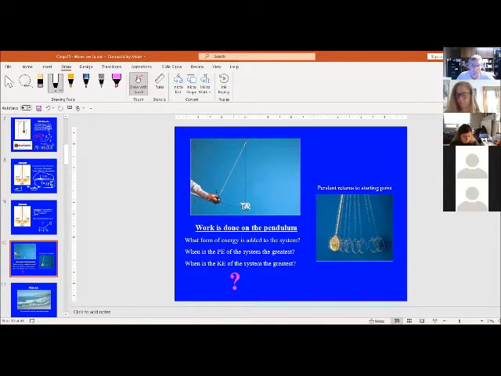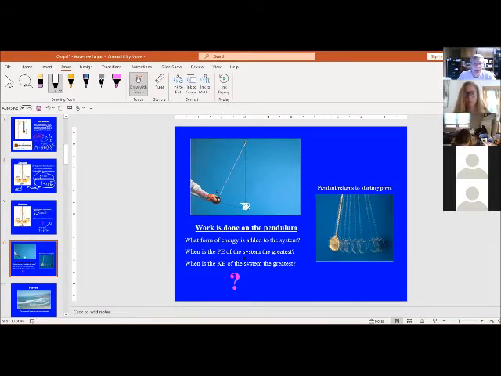Was it potential energy? Yeah, potential energy was added via the work done by the man. The potential energy was zero, the kinetic energy was zero. Now the kinetic energy is still zero, but now the potential energy is something else, right? mgh. So work was done on the system.